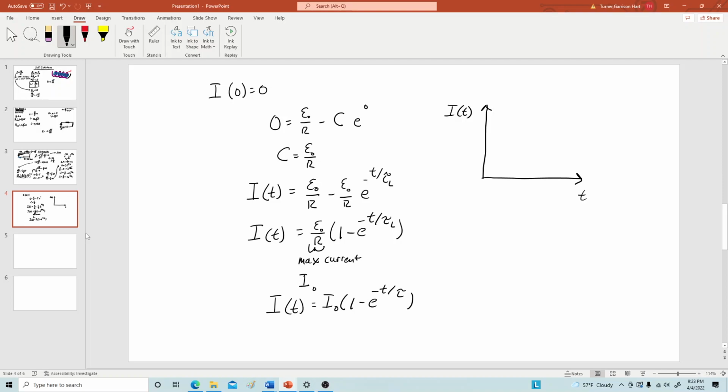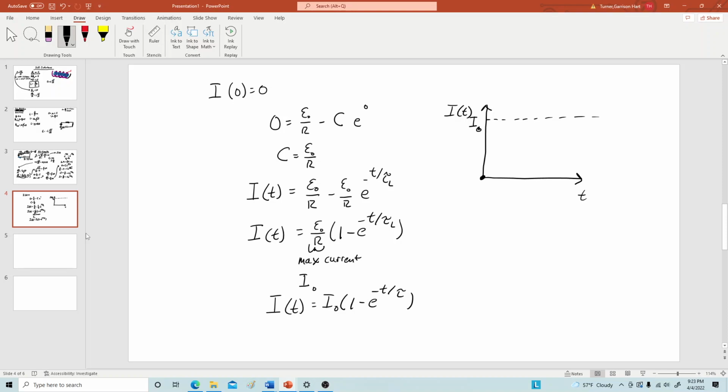But what this implies is, again, this epsilon naught over R implies a maximum current I naught that my current can reach.